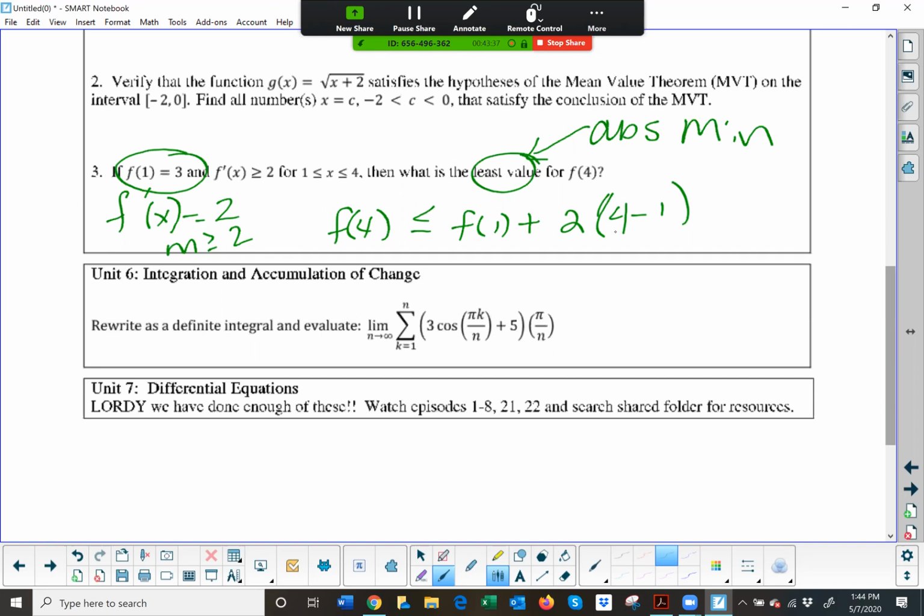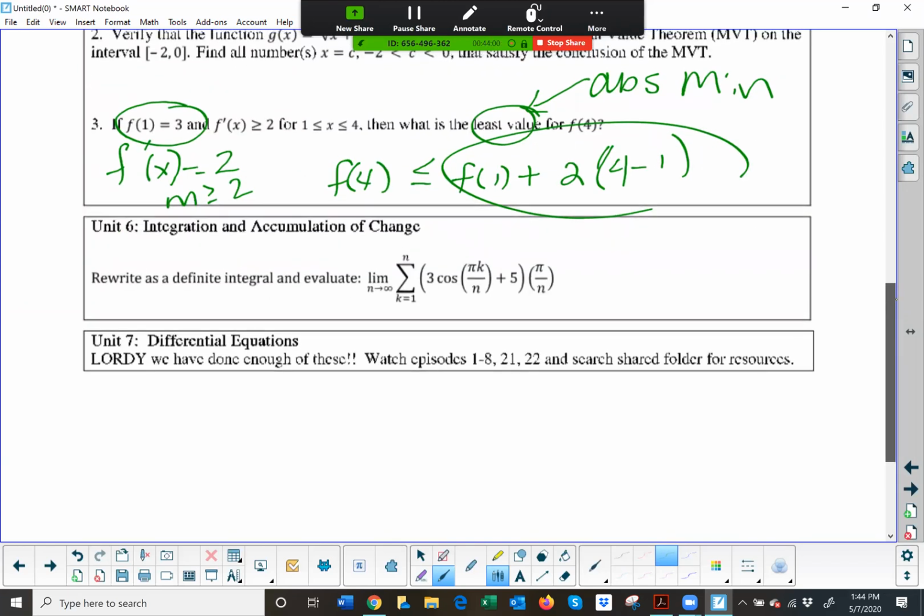It's a really different twist on a tangent line kind of application idea. Not really thrilled with that one. But yeah, so then I could calculate this and come up with 3 plus 6, 9. Least value would be 9.